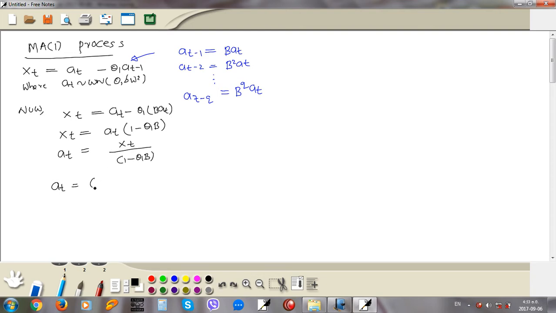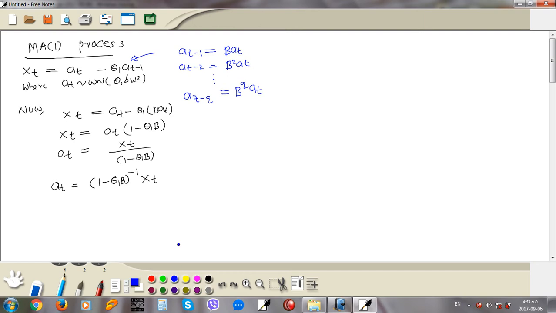We can take the denominator out to the numerator, and the index becomes minus 1, meaning the inverse: (1 minus theta_1 B) inverse times x_t, right?